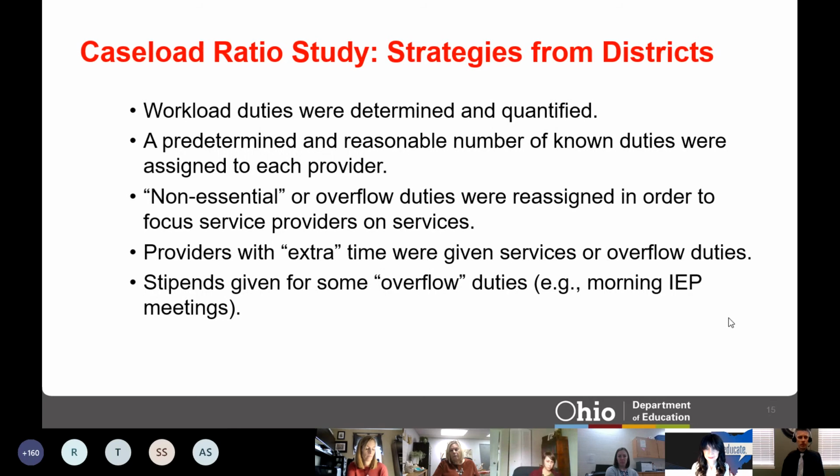Looking at those non-essential things, there were variations, such as hearing screenings going to the nurses, or some of the more clerical things people do, like making appointments, copying paperwork, and submitting paperwork to the board. Those types of activities might be reassigned to someone else. That was another big thing that came out of the study.